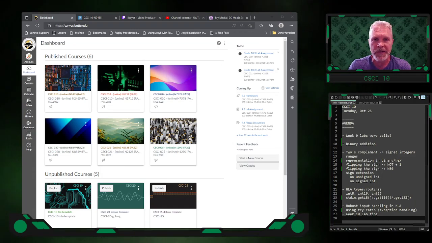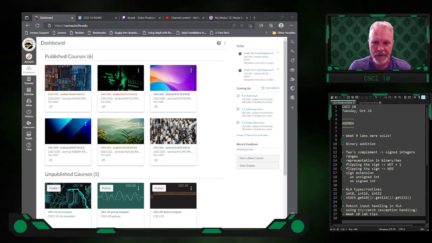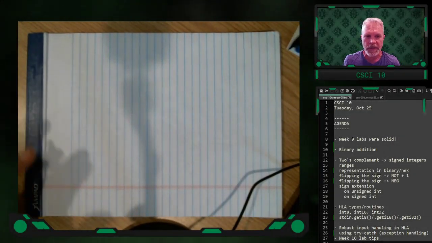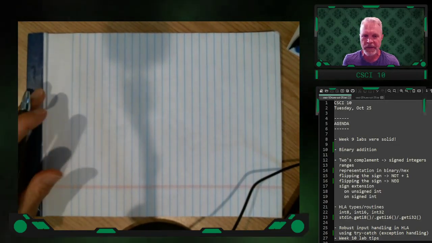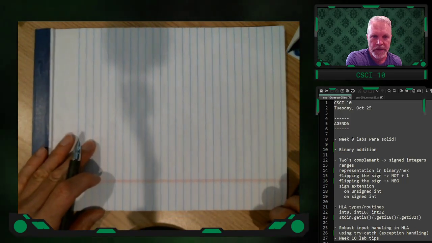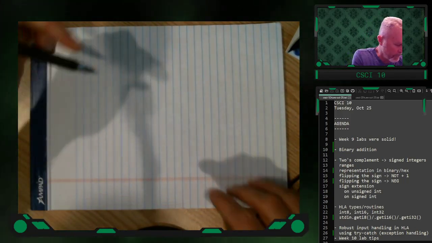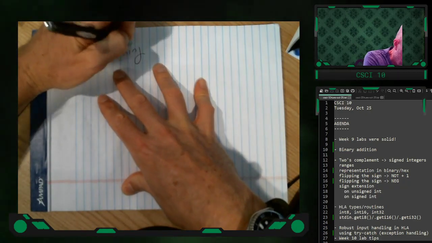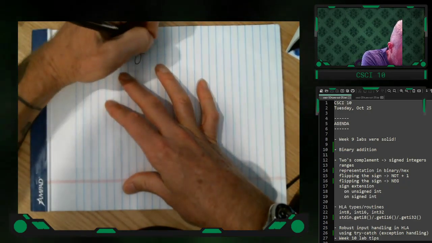So anyway, you're about to see me do pencil and paper work for binary addition. And hopefully I write big enough that you can see. And I know there's a shadow, but I don't think it'll be a significant issue. So, binary addition. Oh, and you also get to see my just horrendous handwriting.